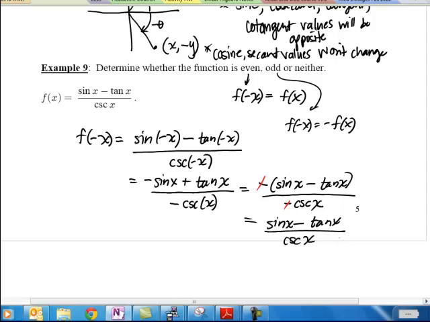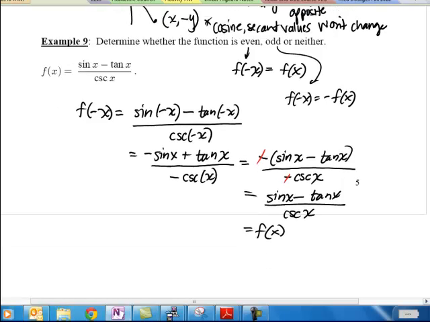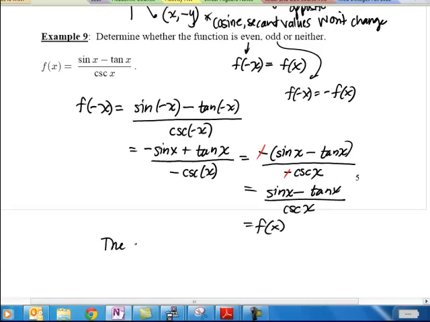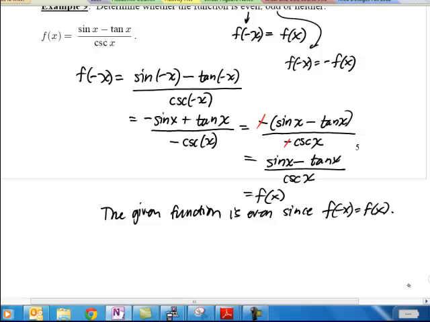So that's the same as our original function, which means the function is even. And the reason is, since when we made the input opposite, we got the same function back. All right, and that should be it for that section.